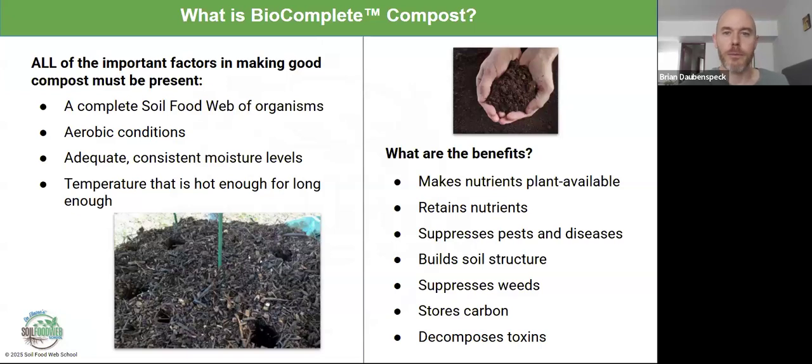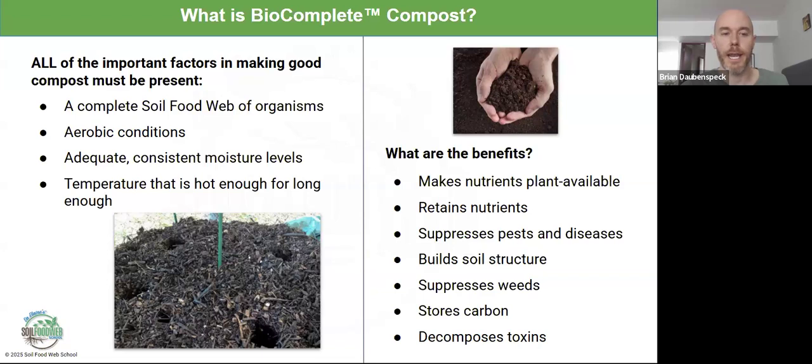So there are some important factors in making compost. One, we need a complete set of the soil food web organisms, and we have those defined quantitatively in our manuals and our coursework. As Katerina mentioned, we're looking at bacteria, fungi, nematodes, and protozoa.